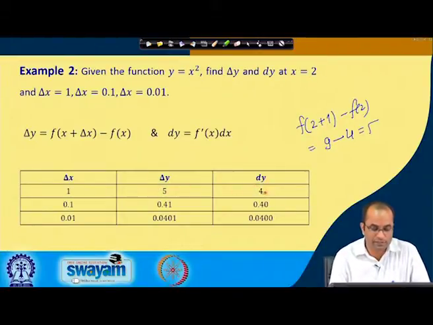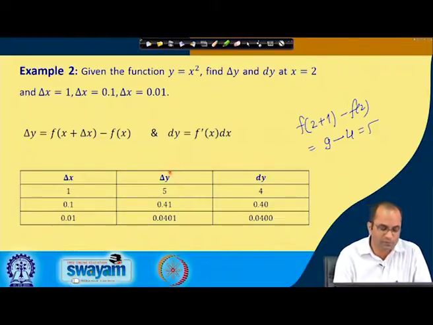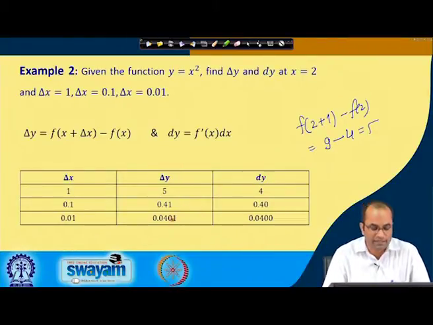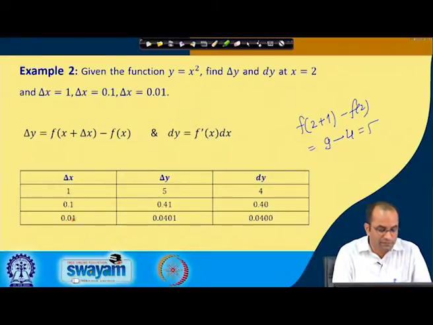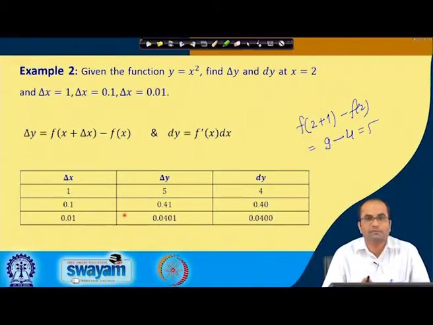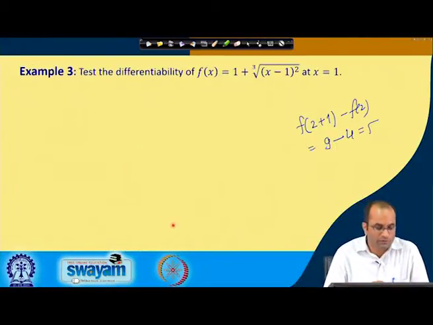The difference is large between the two, dy is not approximating this total change in y. But when Δx is smaller, if we make a smaller increment, then dy is well approximating Δy, and that was the meaning of approximating by the linear term, at least in the neighborhood of the point.